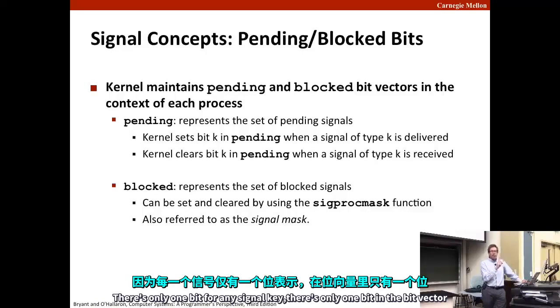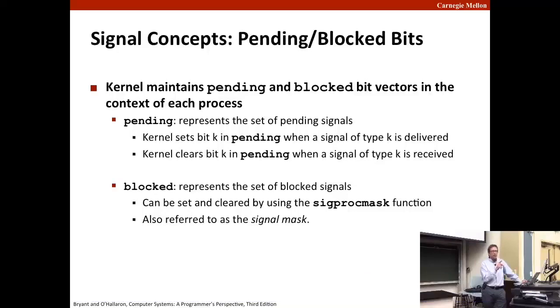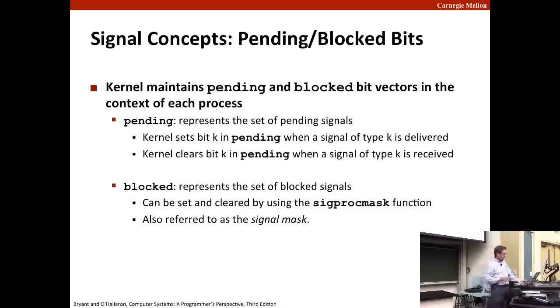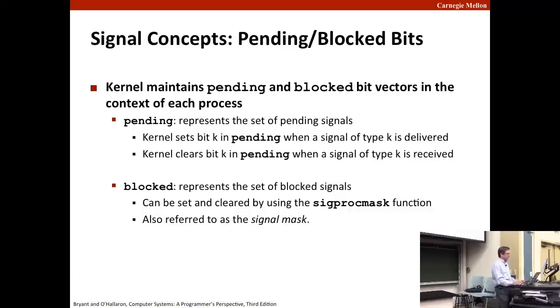When we deliver a signal, the kernel will set that bit. If we deliver another signal of the same type, it'll just set that bit again, which has no effect. The kernel sets the bit in pending when the signal's delivered, and it clears it when the signal's received.